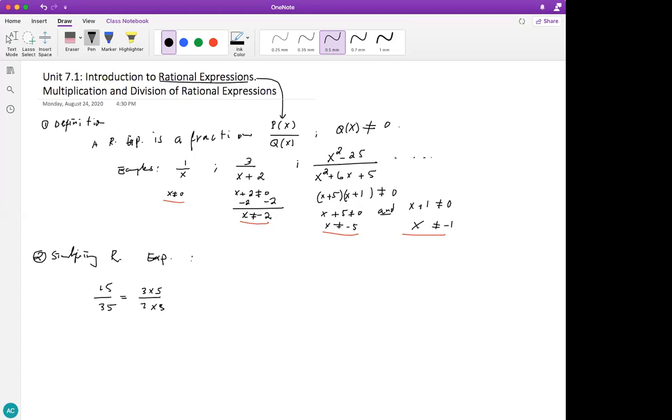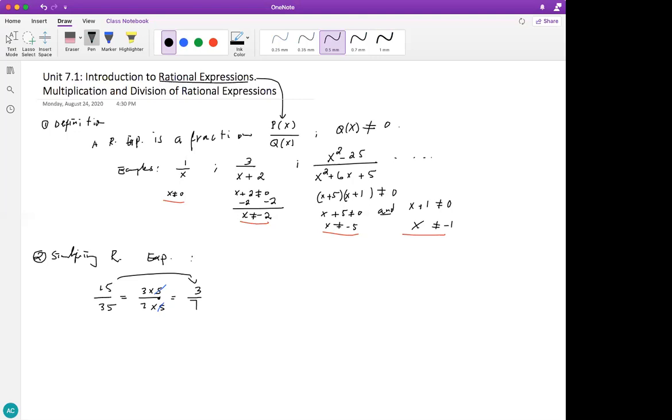What happens next to simplify this regular fraction? You can cancel the 5s, and the fraction turns into 3 over 7. This one is much simpler than this. It's what we call reducing to the lowest terms, or simplifying.